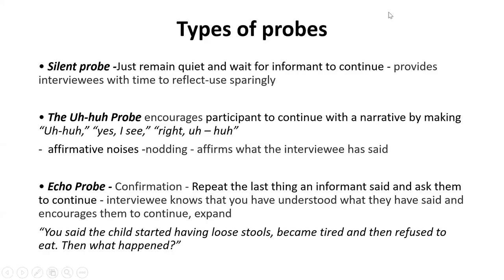In this example, you said that the child started having loose stools, became tired, and then refused to eat. So then what happened? What was said earlier is narrated again, and then you build up a question. This builds more confidence, and the interviewee is going to take great interest and tell you things in greater detail.